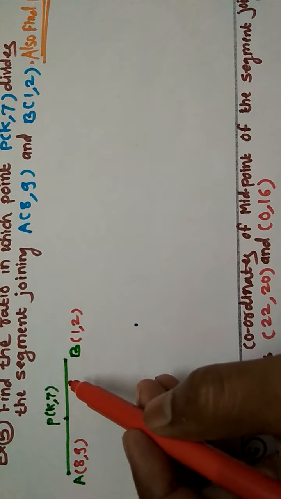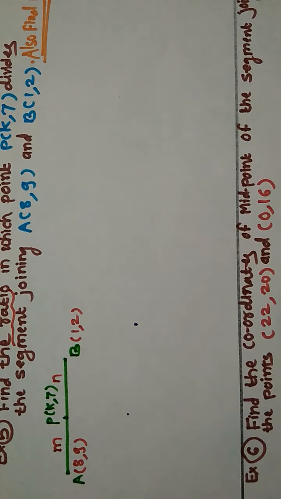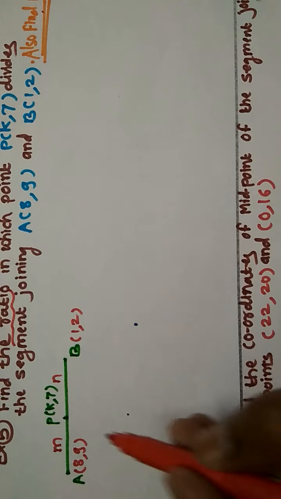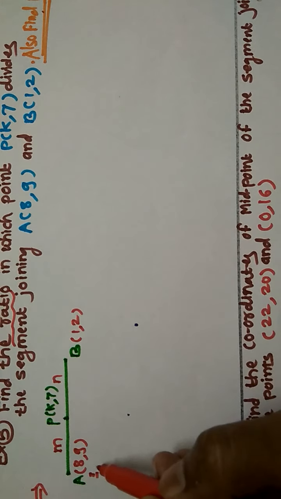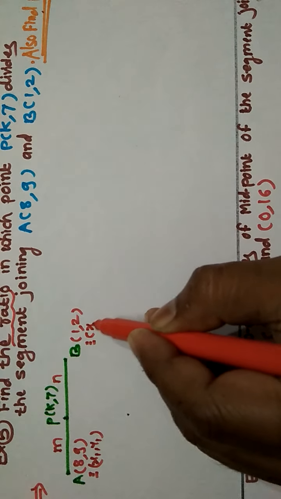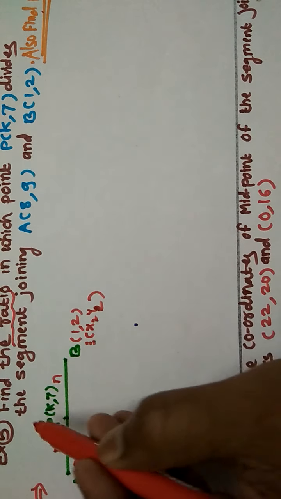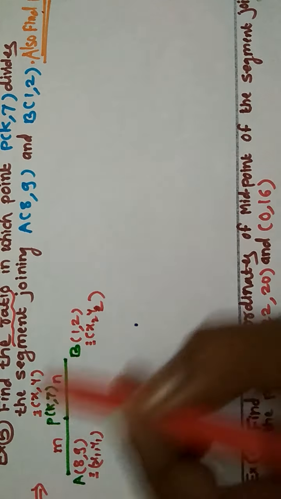Our aim is to find the ratio first, where the ratio is m/n. First we find the ratio, then also find the value of k. First we remember the notation: the coordinates of A are x1, y1, the coordinates of B are x2, y2, the ratio is always denoted by m/n, and P has coordinates (k, 7), denoted by x, y.